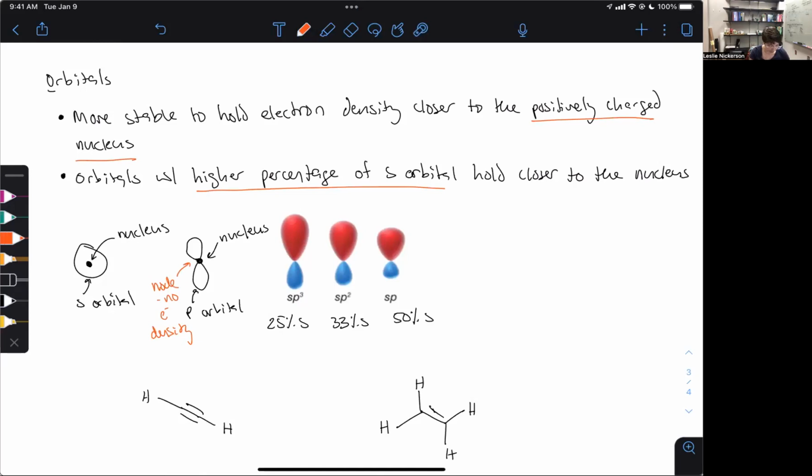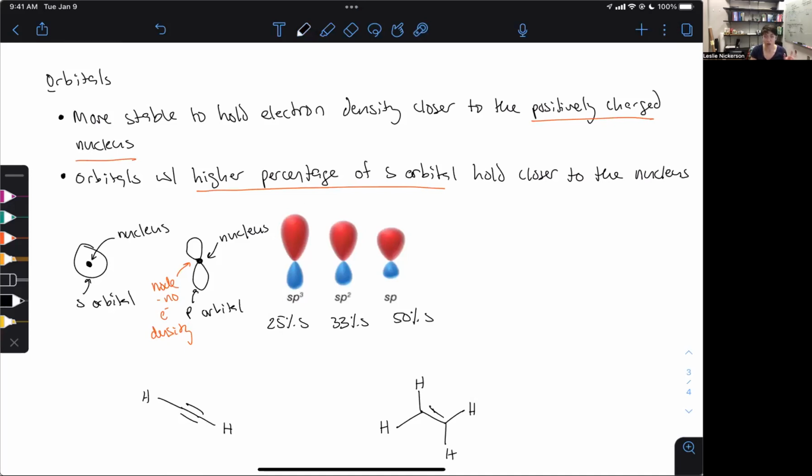So I pulled this figure out of the book. Remember, when we're averaging all these atomic orbitals together, we've got 1 s and 3 p orbitals to make up the sp3 system. So you can see that there's more of that p shape to the sp3 orbital.